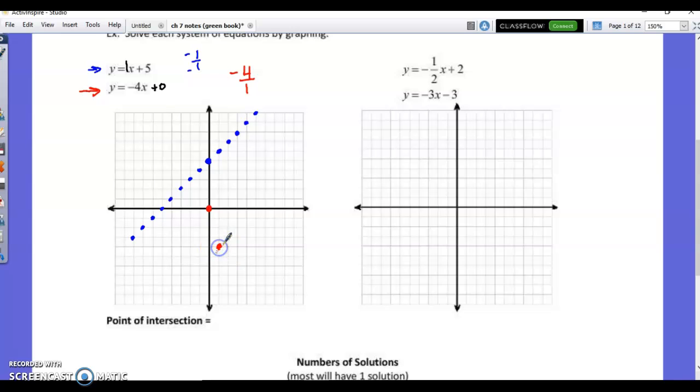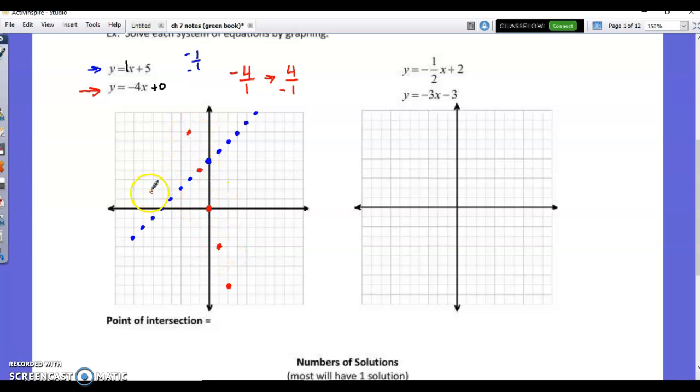I could keep doing that, but you can notice that I'm going away from that blue line, and I want to get up to where it meets that. With our negative slopes, we have to associate the negative with either the top or the bottom. So this could also be the same as 4 over negative 1, meaning I go up 4, 1, 2, 3, 4, to the left 1. Up 4, 1, 2, 3, 4, to the left 1. And there is my line.